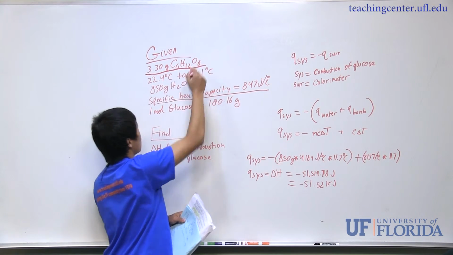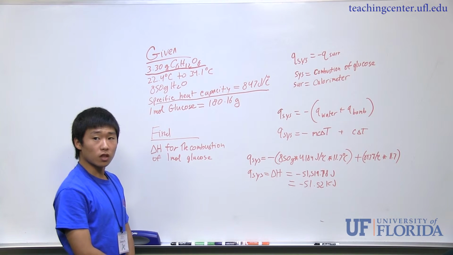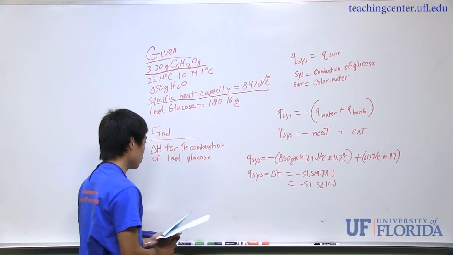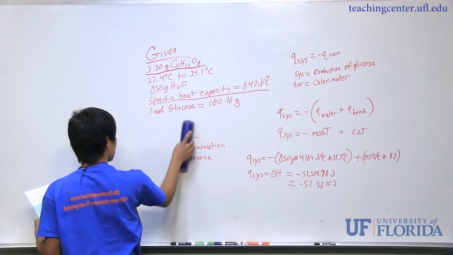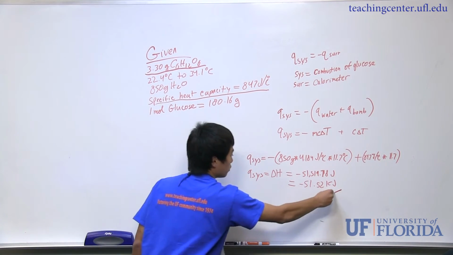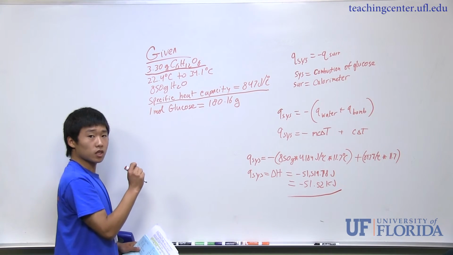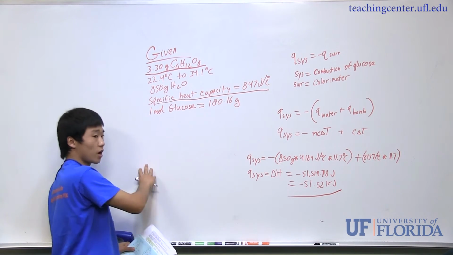Now that's not our answer yet though, guys, because this is the enthalpy given for 3.30 grams of glucose, not for 1 mole. The problem wants the enthalpy for 1 mole. So what we simply do is take what we found and do a ratio. I'm going to put grams on the top and enthalpy on the bottom for both.